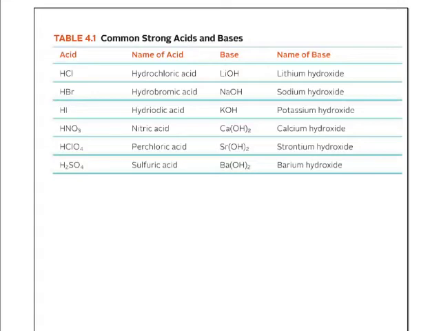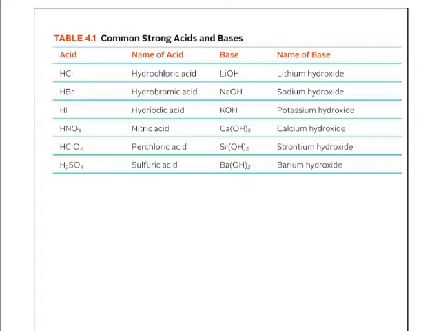Okay, at this point we can take a look at what happens when strong acids and strong bases react. This is a list of the 6 common strong acids and the 6 common strong bases, and even within the realm of the 6, there are some that are more common than others.